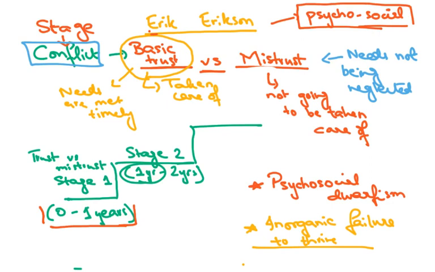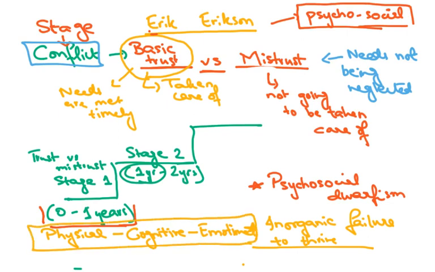You have to remember that physical, cognitive, and emotional development influence one another. So it's not that you can look at any one of these in isolation. You always have to consider that they're interwoven.